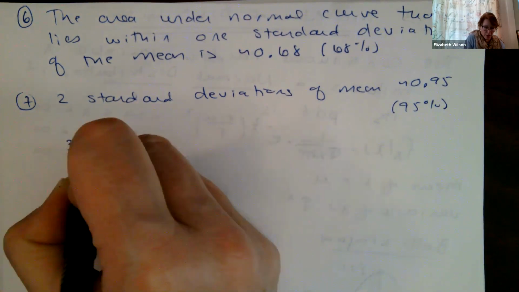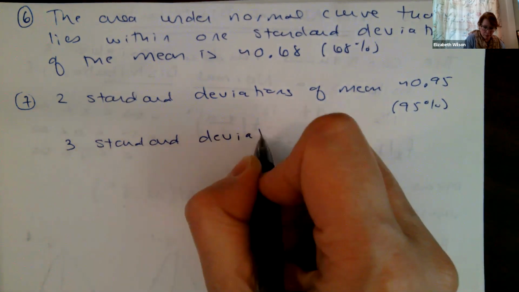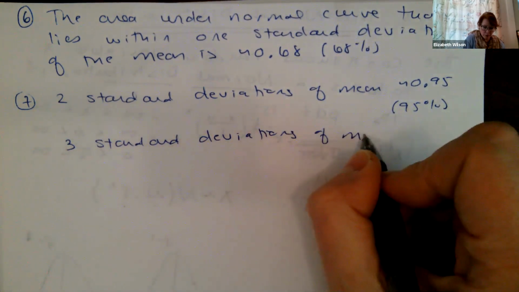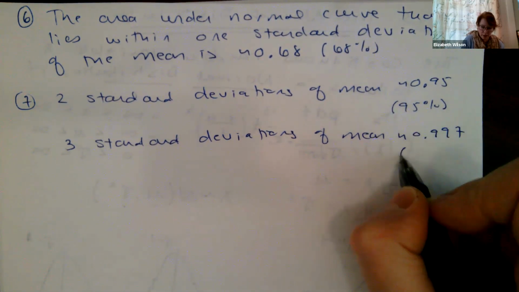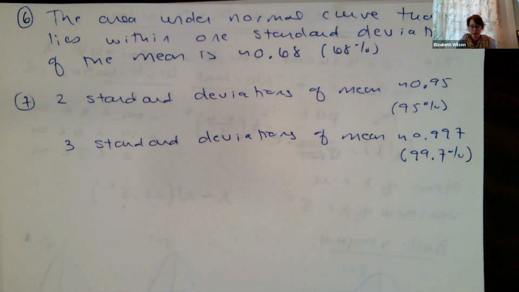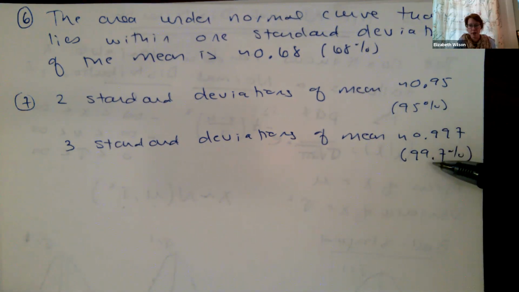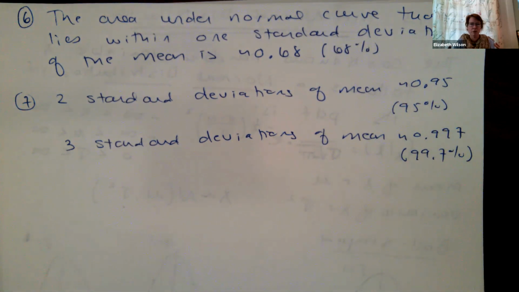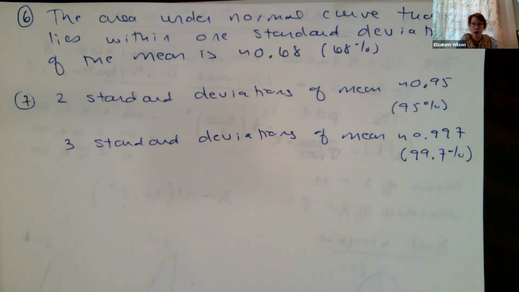Within 3 standard deviations of the mean is about 0.997, which is 99.7% of our curve. These are important. We're going to use 95%, 99%, 68% as confidence intervals as we go along in statistics, so you understand where they fall in terms of the geometry of things.